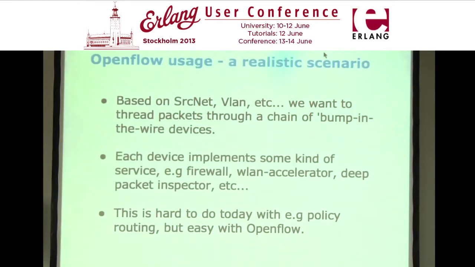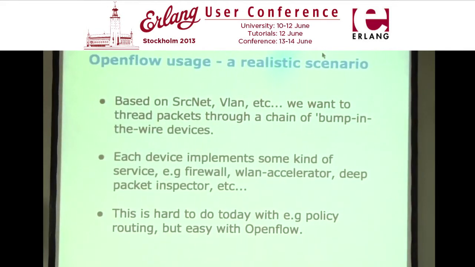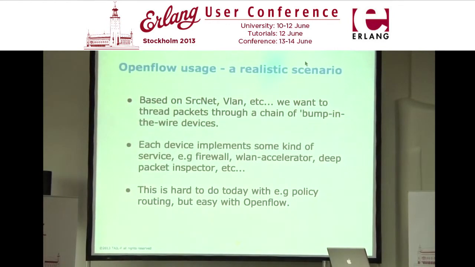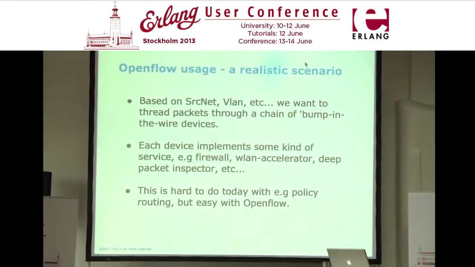And you want an operator to easily set up those kinds of services and tailor-make them according to what the customer needs or wants. It turns out that this is hard and quickly becomes messy to do in a traditional network. There are ways like policy routing, etc., but apparently it's extremely hard to manage.